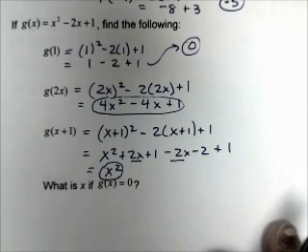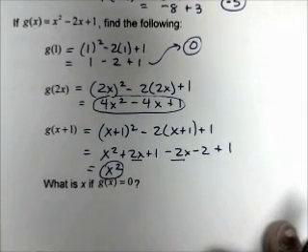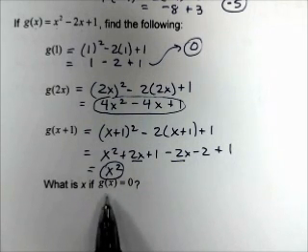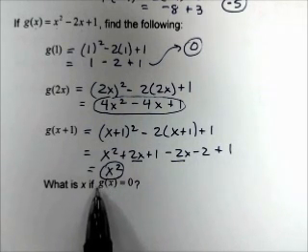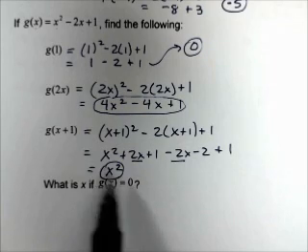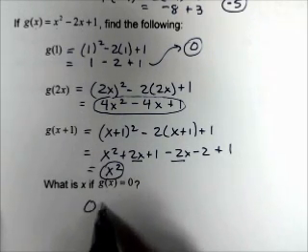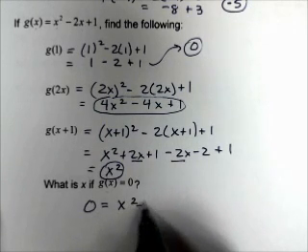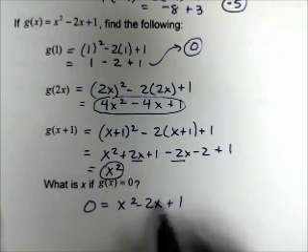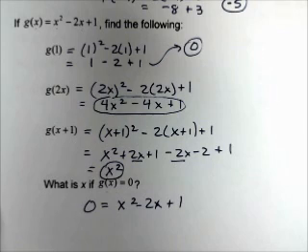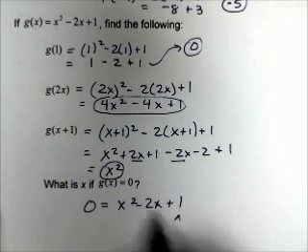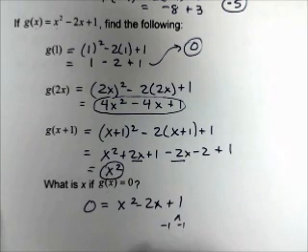What is x if g of x is equal to 0? So they're saying find x when g of x is equal to 0. So replace g of x with 0. So 0 is equal to x squared minus 2x plus 1. And now solve this for x. Well, it's factorable, right? The factors of 1 that add to negative 2 are negative 1 and negative 1.